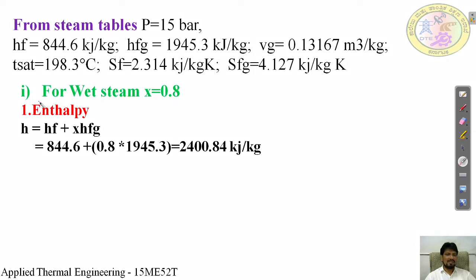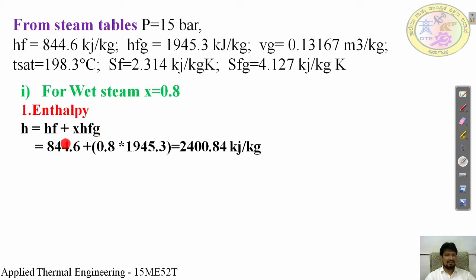Now the first condition is wet steam having dryness fraction 0.8. Under this we have to calculate the enthalpy of wet steam. There are 5 different properties you have to calculate. The first property under wet steam is enthalpy, and we know the formula H is equal to HF plus X into HFG.